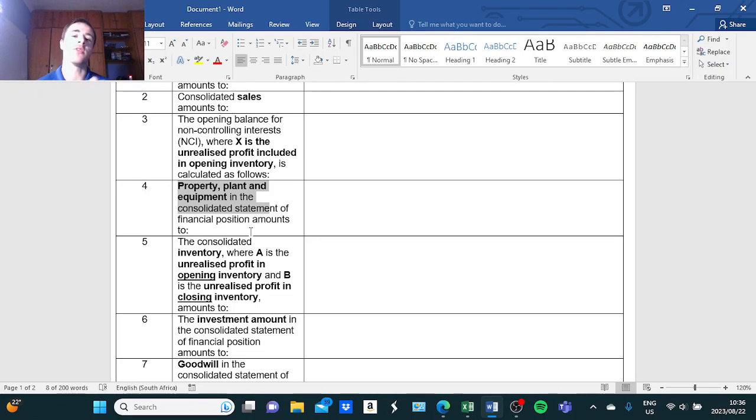So if there was an intergroup sale of a property, plant and equipment item either in the previous year or in the current year, we know that we need to take the unrealized profit or loss into account when calculating the carrying value of PPE for the group, as well as the depreciation associated with that specific transaction. Right, but we will get to that as we work through the case study.